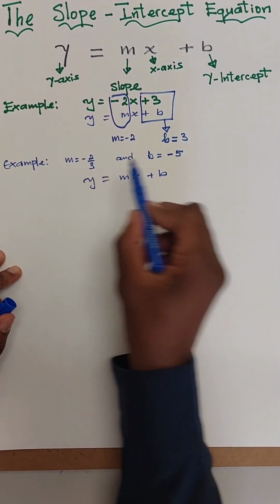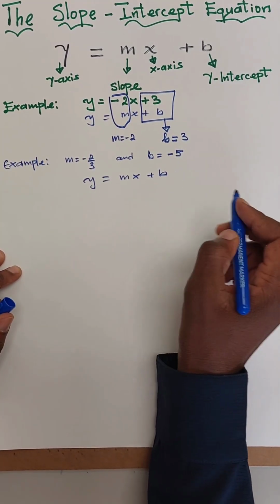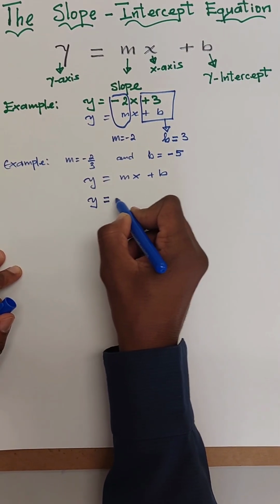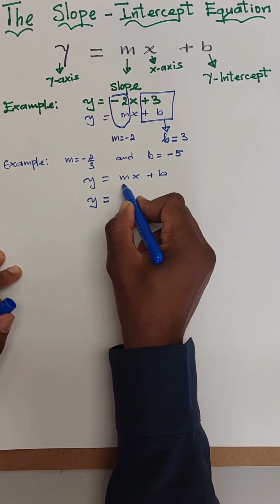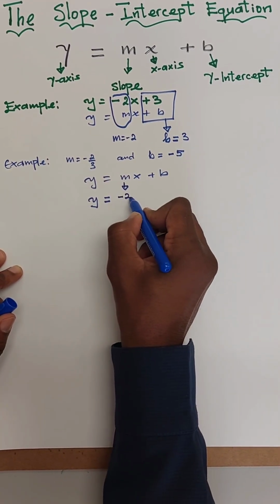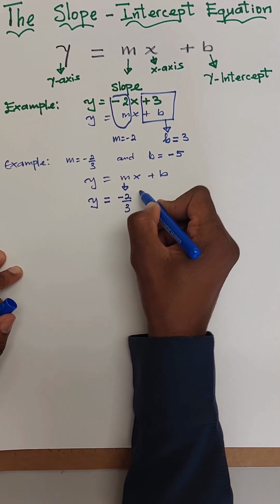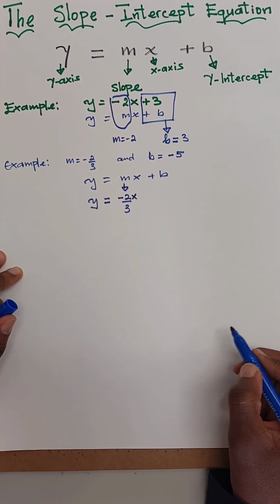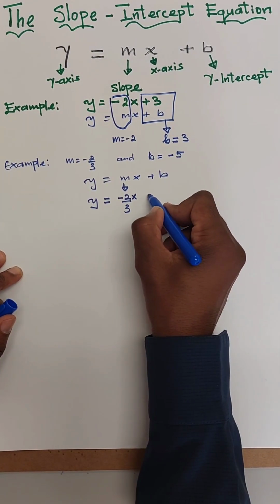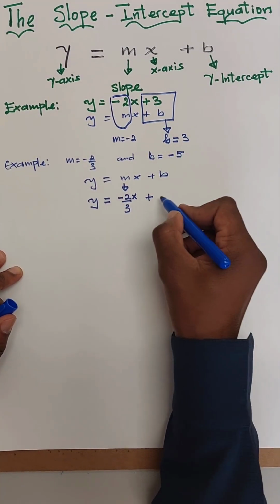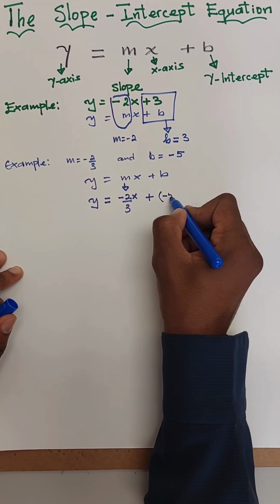Now we know the slope and we know the y-intercept, so we know that specific equation will be y equals, instead of writing m, we replace it with the value for m that we have been given, negative 2 over 3, and then we put in the x, and then plus the b is negative 5, so we say plus negative 5.